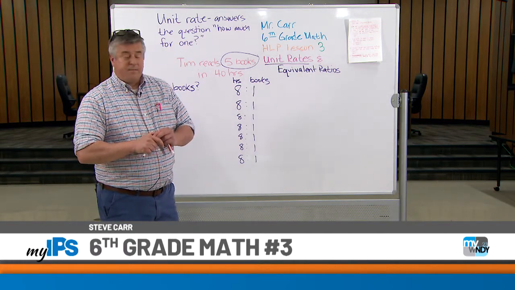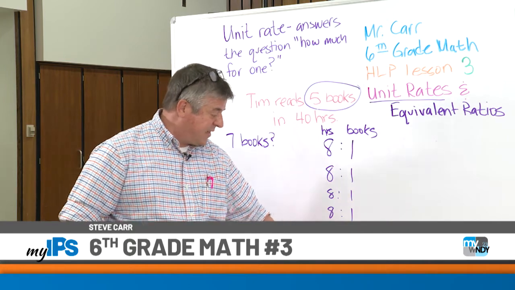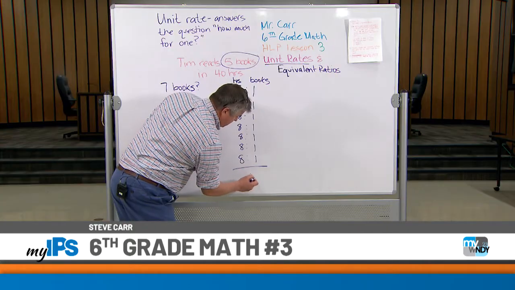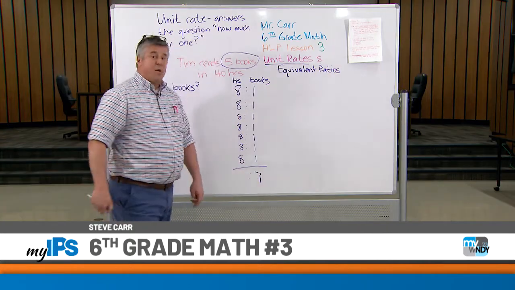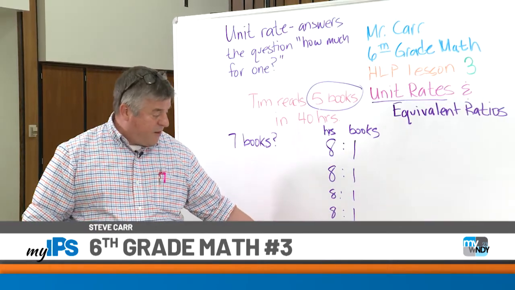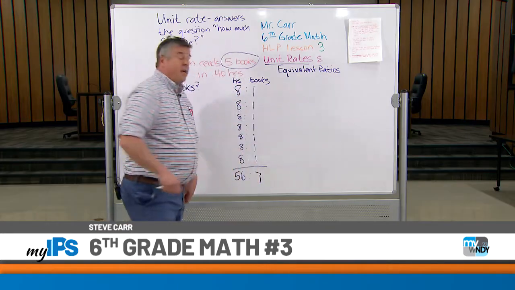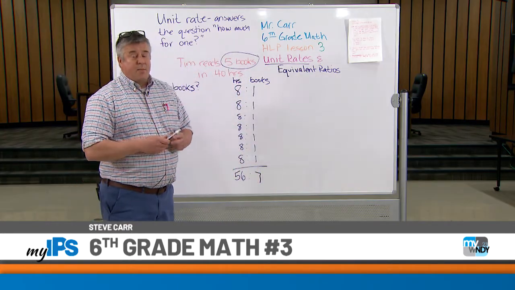There's 7 books. How many hours? Well, 8 plus 8, 16, 24, 32, 40, 48, 56. It will take Tim 56 hours to read 7 books.